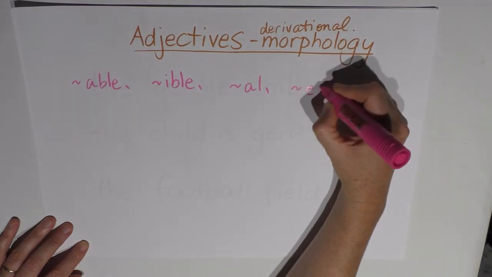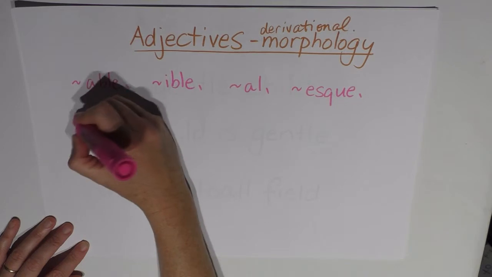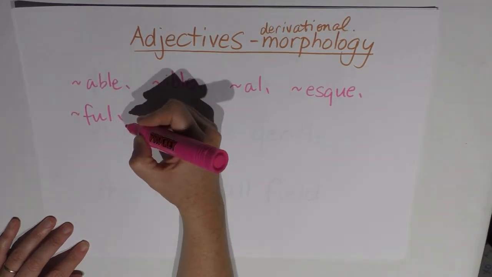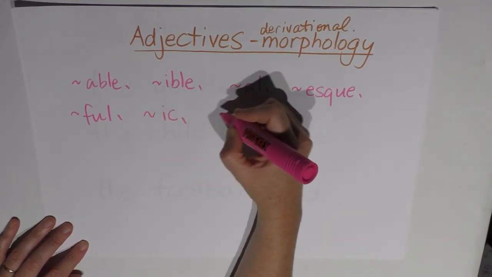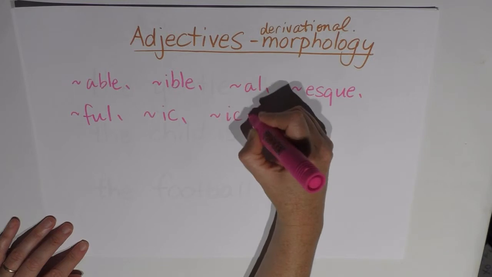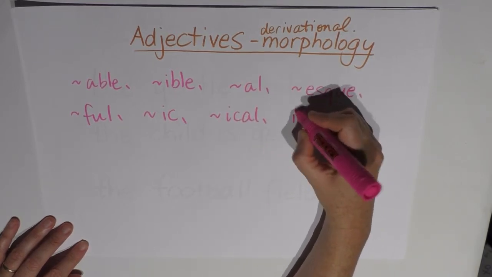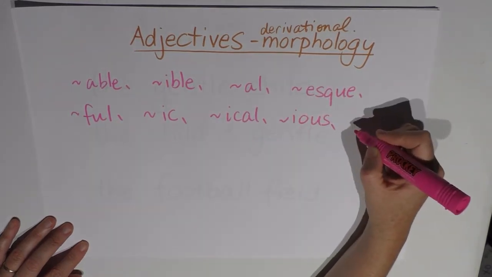We have esque, such as picturesque. We have ful, such as beautiful or plentiful. We have ic, like domestic. Ical, such as musical. Ious, I-O-U-S, such as nutritious.